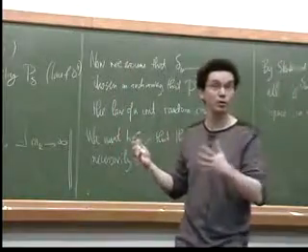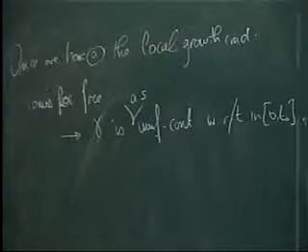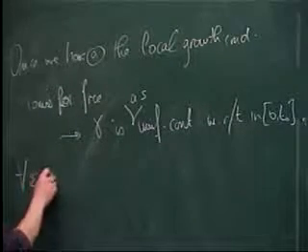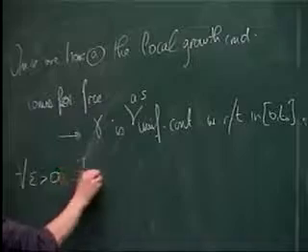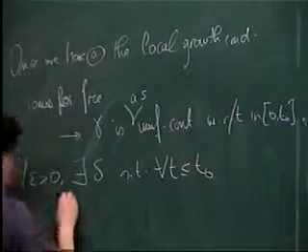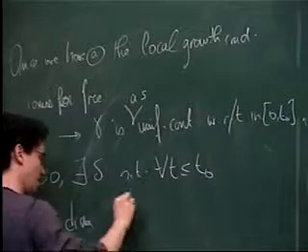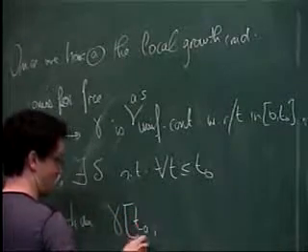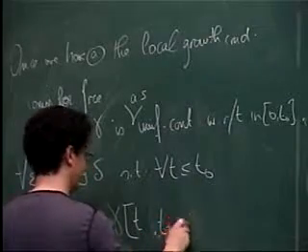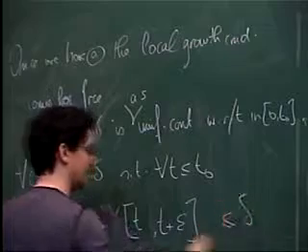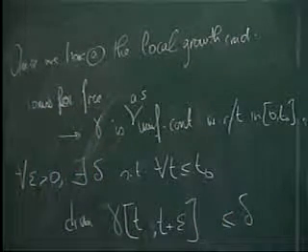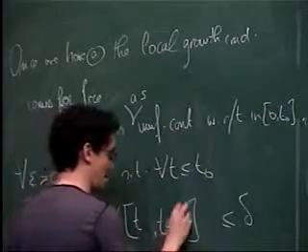And if you know that it is uniformly continuous on the finite interval, then you know that for any epsilon positive, there exists delta, such that for any t smaller than t0, the diameter of gamma between t and t plus delta is smaller than epsilon.